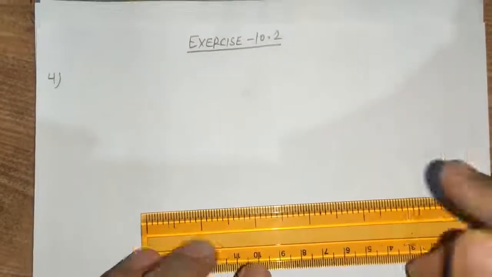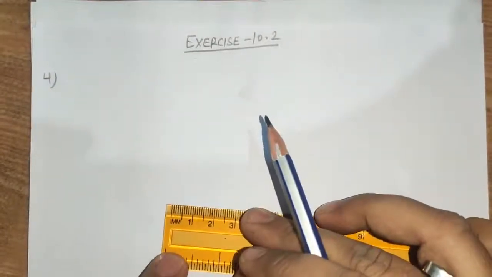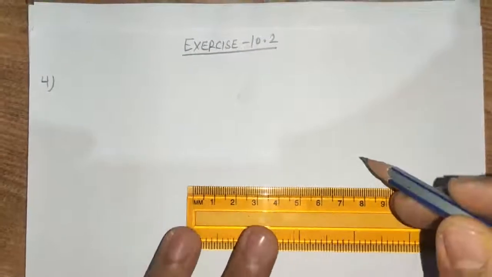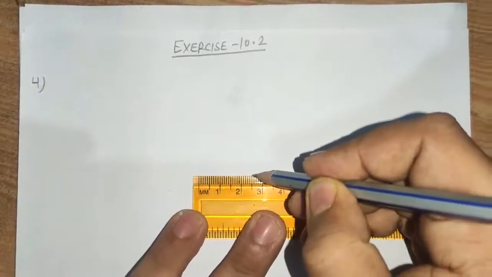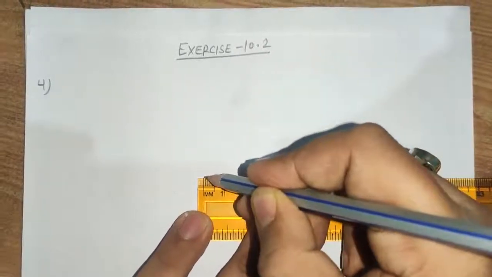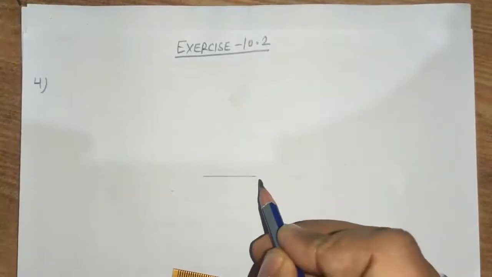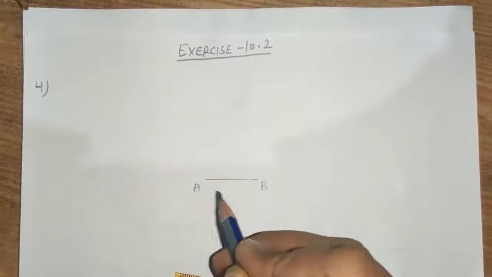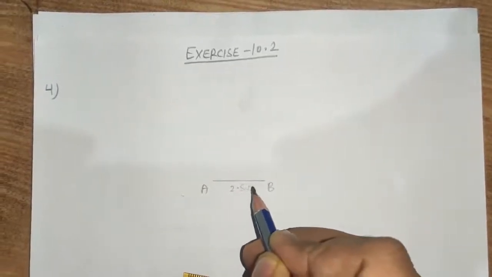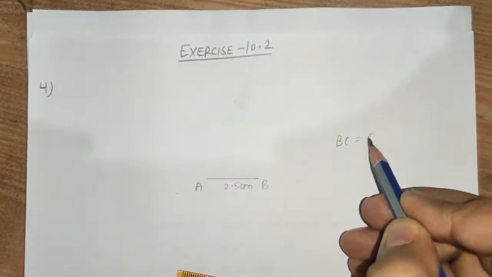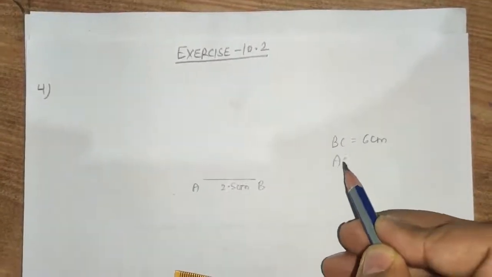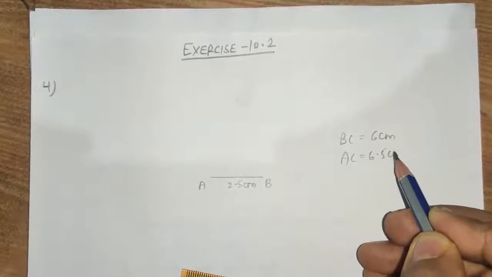This is question number 4. Here you are required to draw a triangle ABC in which AB is 2.5. So first of all we will draw AB. This is 2.5. Now write it B, it is A, this is 2.5 centimeter, and two which are given, BC is equal to 6 centimeter and AC is equal to 6.5 centimeter.